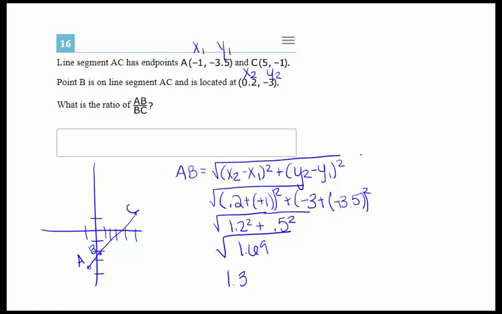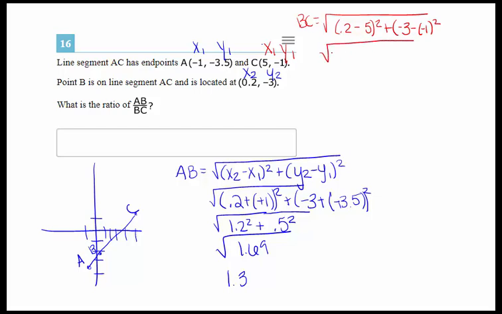Now let's go ahead and find BC. So for BC, I'm going to still let that be the x2, y2, but this time let's let this be x1, y1, and I'll do it in red up here. So BC is equal to our x2, which is 2, minus x1, which is now 5, squared, plus y2, which is -3, minus our y1, which is -1, squared.